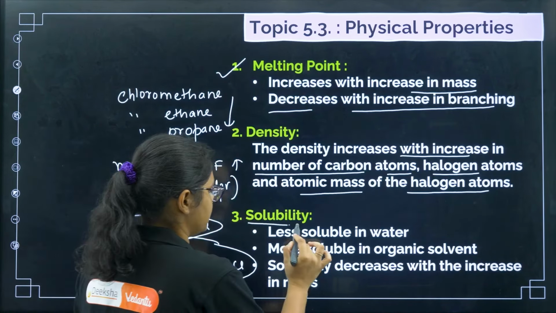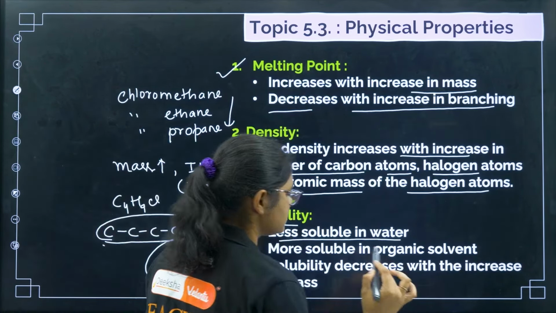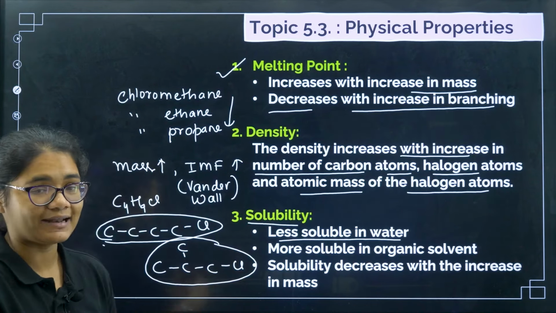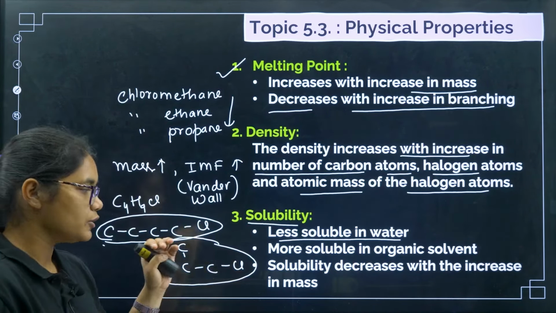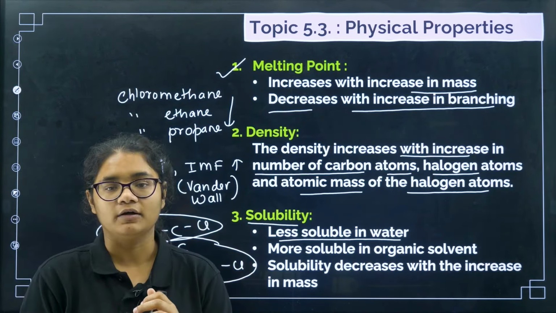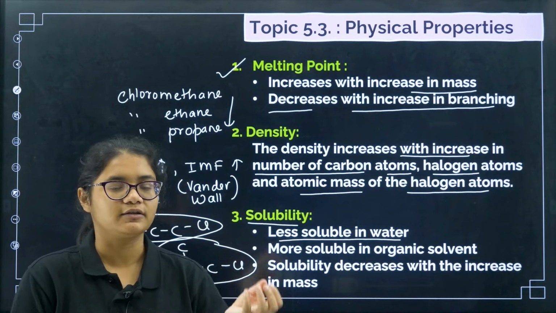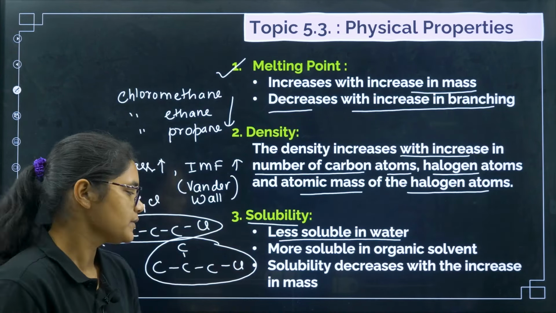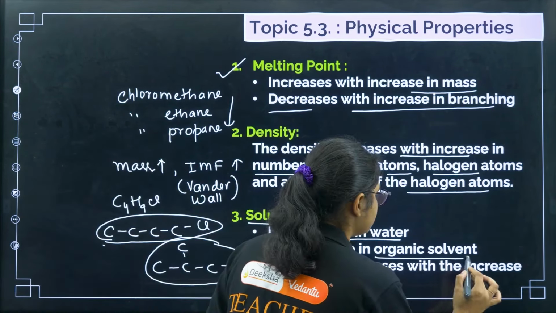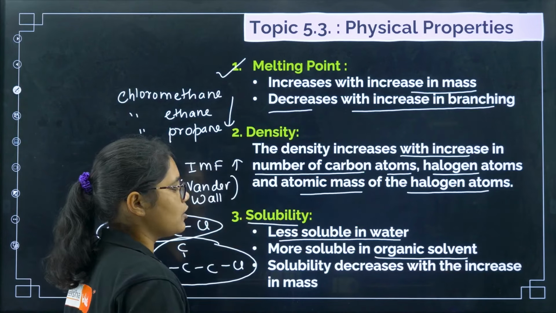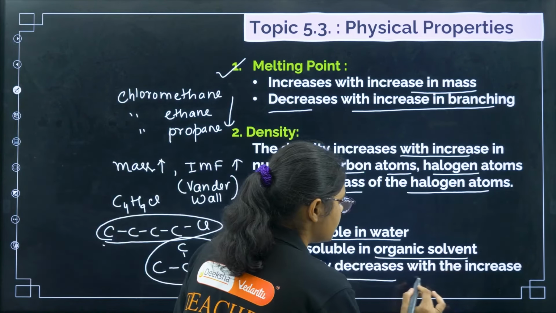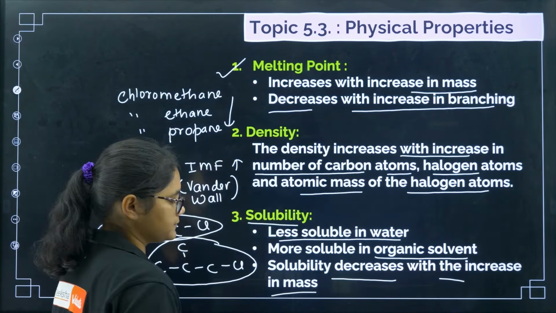Next, coming to solubility. These compounds are generally less soluble in water. Although they are polar, they are not very polar molecules, so their solubility in water is less. They are more soluble in organic solvents, and easily soluble in them. Solubility decreases with the increase in mass.